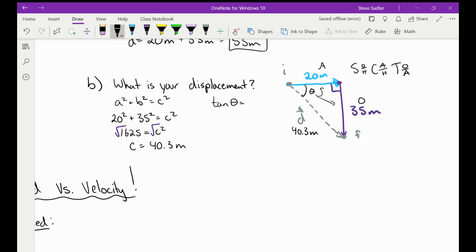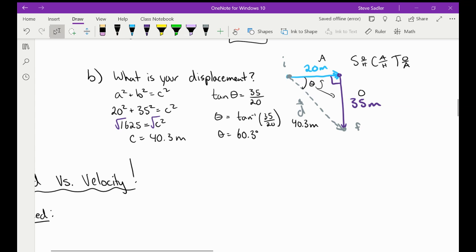So tan of theta is equal to 35 over 20, opposite over the adjacent. And to find that angle, we want to do the inverse tan function of our ratio. So inverse tan of 35 over 20 is 60.3 degrees.